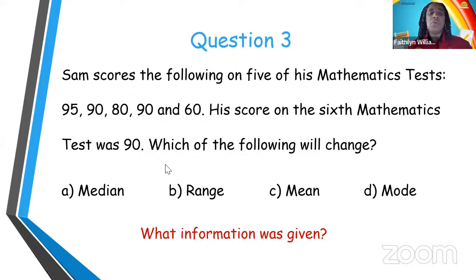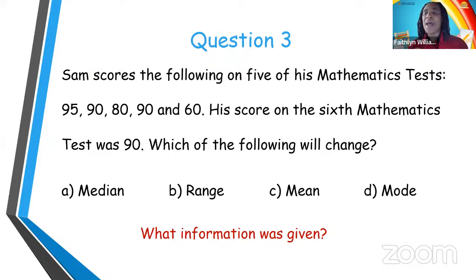First of all, we want to look at the information that was given. By now, you should get the drill. Any question that you read, you must identify the information given. That shows that you are competent in your quantitative reasoning.